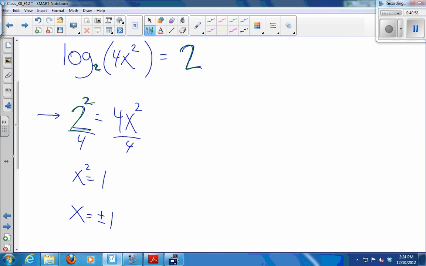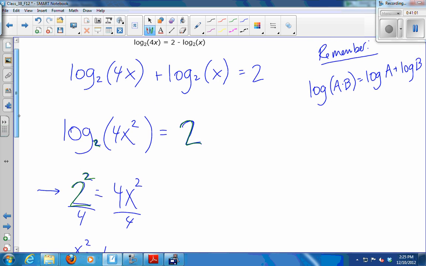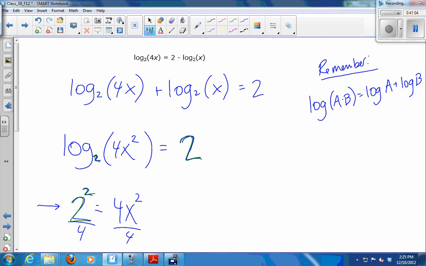When I solve this equation, I get plus or minus 1. Let's check our answers, though. Go back to the original equation. Log base 2 of negative 4, what is that?